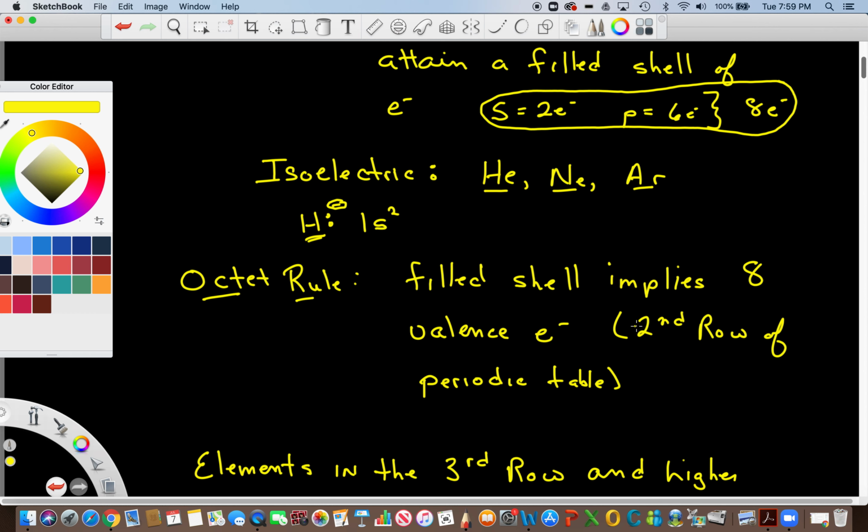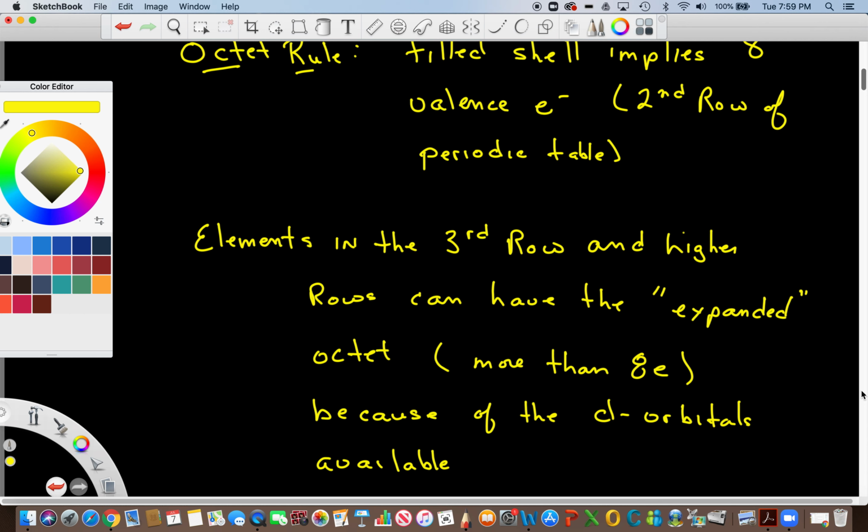And this will always hold true for the second row of the periodic table. Always, always, always. So hydrogen and helium don't have the 8, but the second row does. There are some exceptions to that, which we'll get to here.